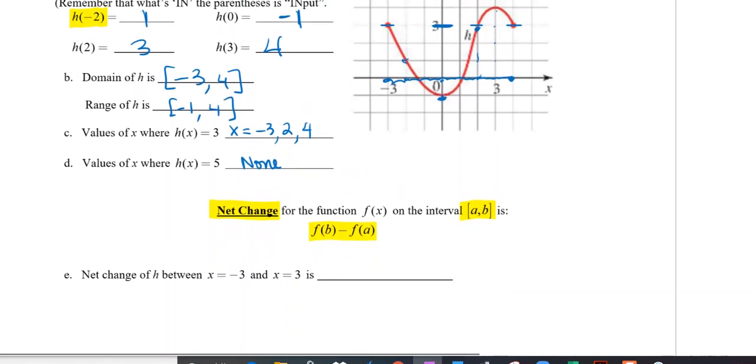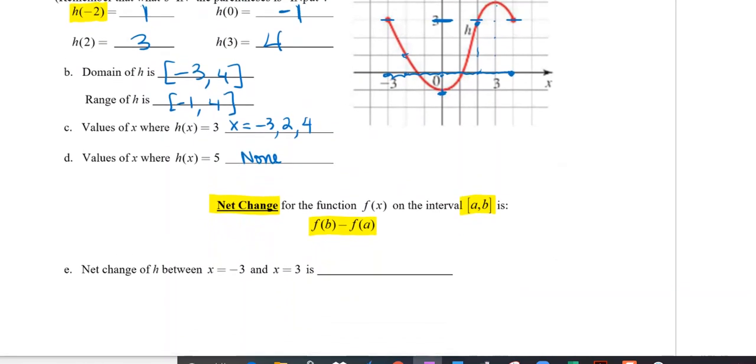So for this function h, now instead of the letter f, we have the letter h. We want the net change from x equals -3 to x equals 3. So on the interval from -3 to 3. That means I have to find h of the endpoint to the right minus h of the endpoint on the left.